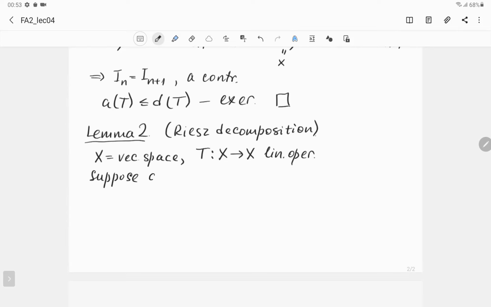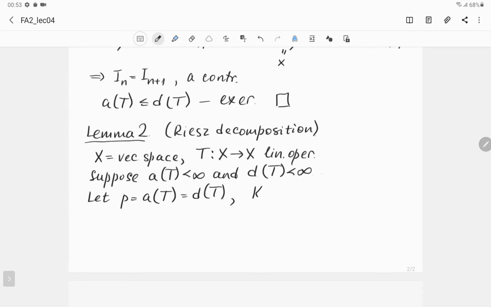Suppose that the ascent of T is finite and that the descent of T is finite. So we already know that in this case, they are equal to each other. So let p denote the ascent, and we know that p, the same number, is equal to the descent of T.